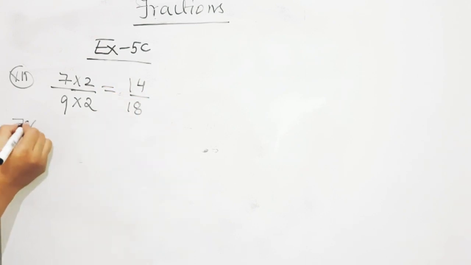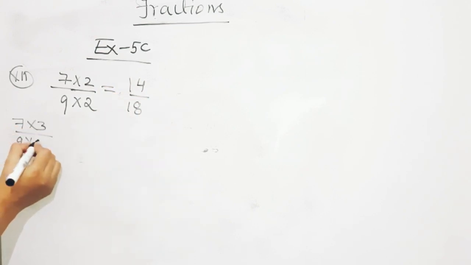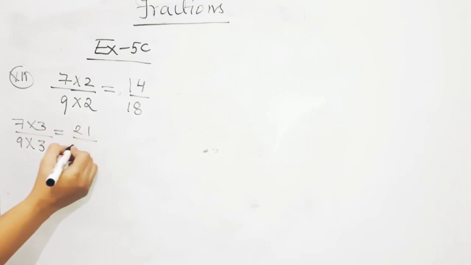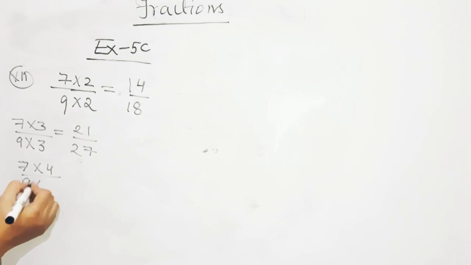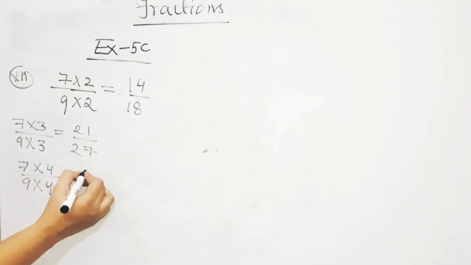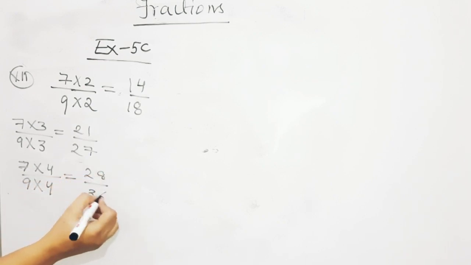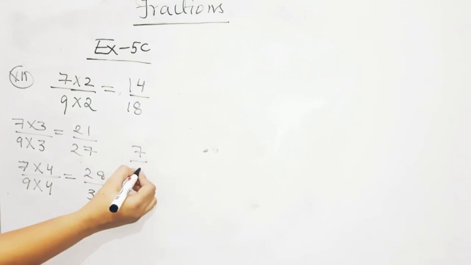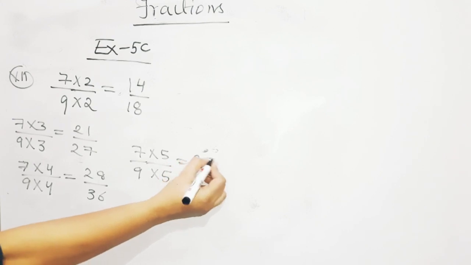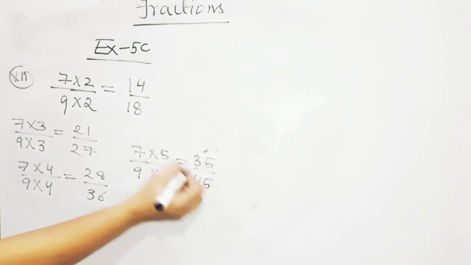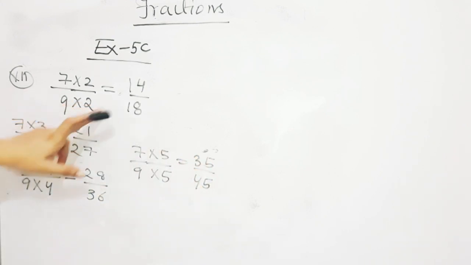Now to obtain the next one, multiply the numerator and the denominator by 3. Now to obtain the next one, multiply the numerator and the denominator by 4. Now to obtain the next one, multiply the numerator and denominator by 5. Clear students? So 1, 2, 3, 4. One more is left.